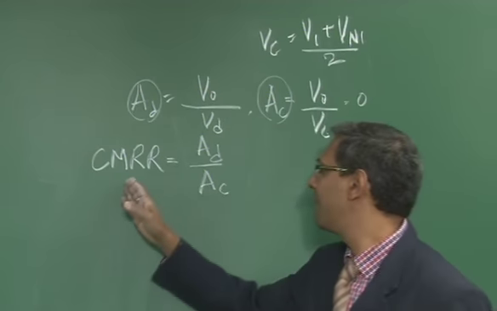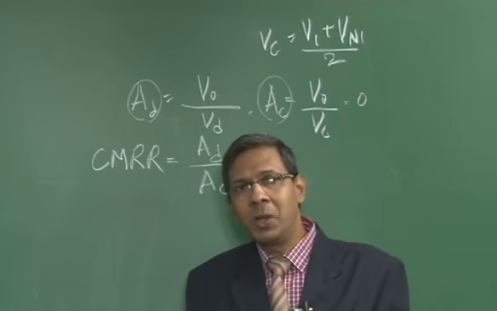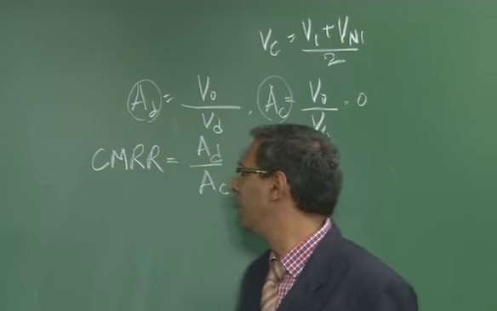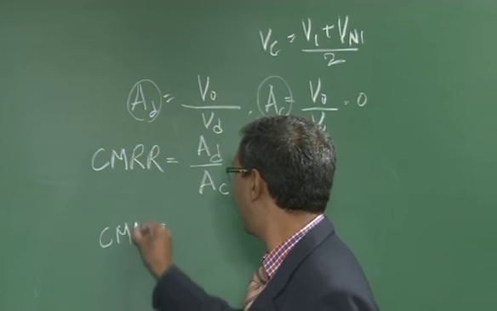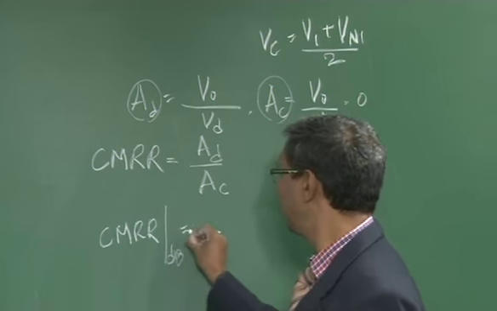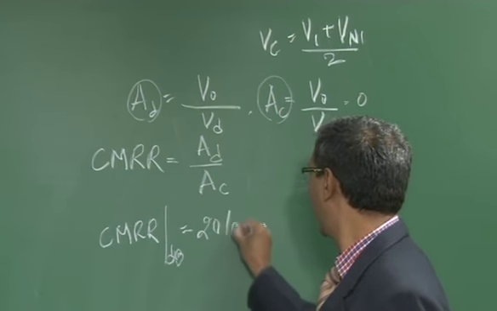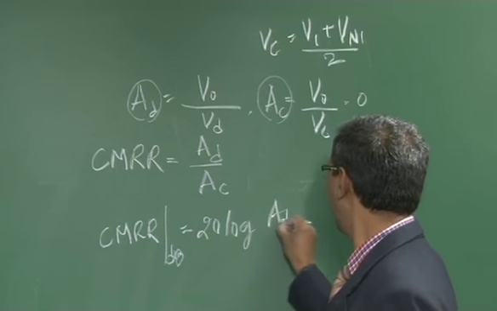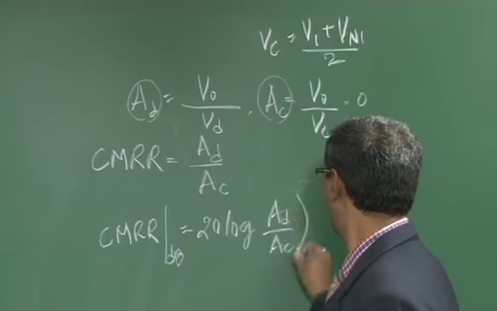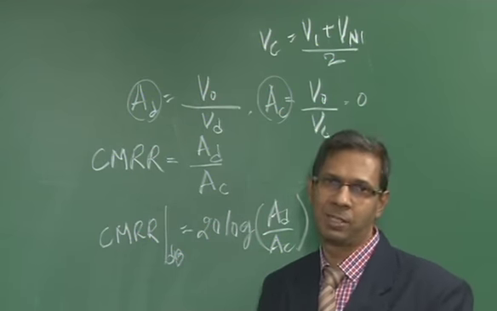Again, usually it is expressed in decibels. If you want to write CMRR in decibels, it becomes 20 log AD by AC. So this is the CMRR expressed in decibels.